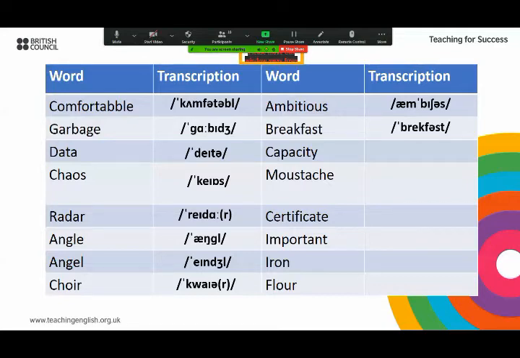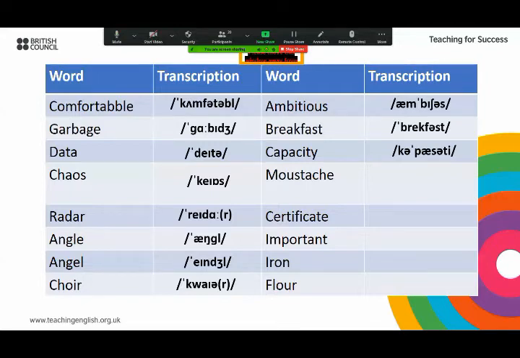Welcome, Mr. Mustafa. Okay, not capacity, like capacity. Yeah, like this. So it's ka and schwa at the first syllable. So capacity. Okay, the next word.